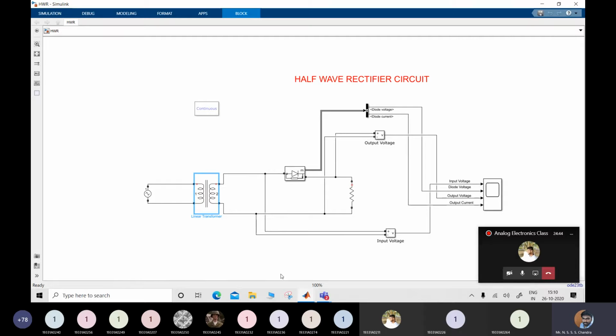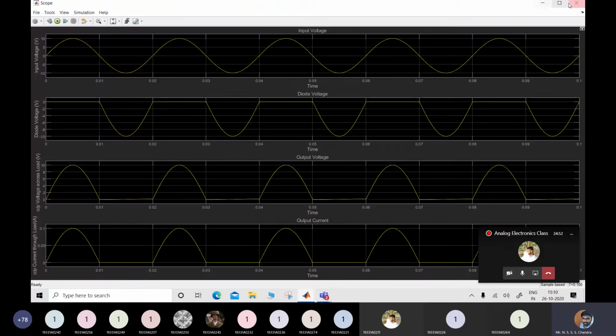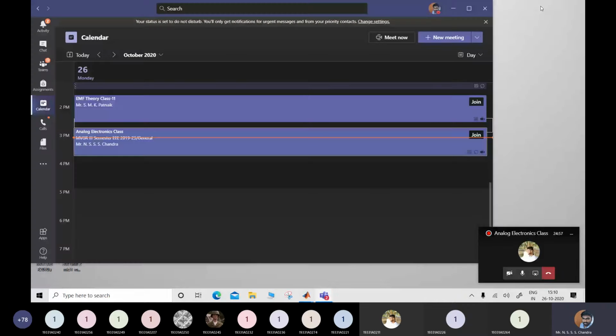Now I'm going to introduce two terms. One is the rectifier efficiency. The first term is called rectifier efficiency. In a rectifier we are giving an AC input and then we are getting the DC output.